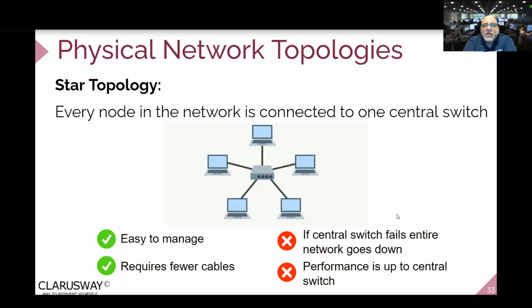Okay, so star topologies are most common, and they're most common because you can manage them all from one location, in other words, that central switch. So if a node that isn't the central node goes down, if one of these nodes goes down, it doesn't impact your network at all.